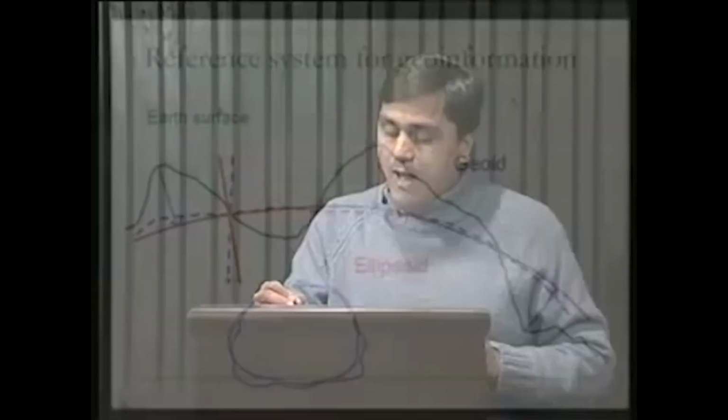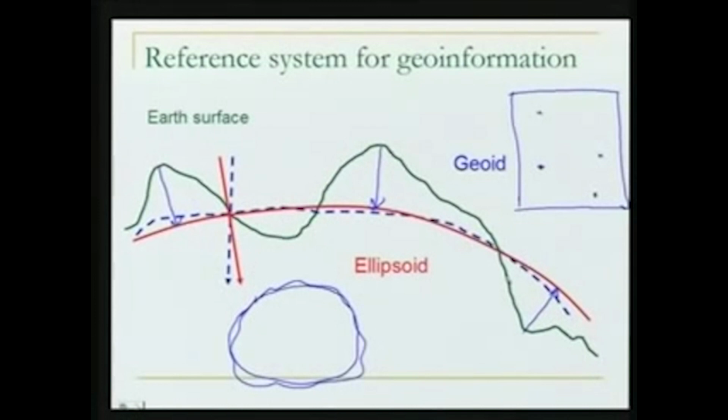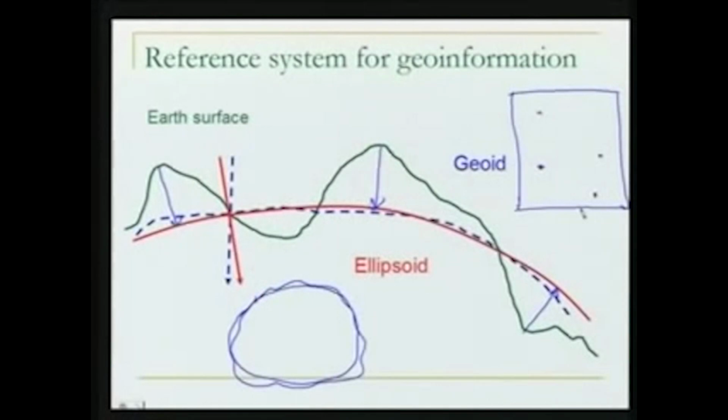Once I have made a map, and in this map some points are plotted there, I know this entire surface of the map mathematically because I know it is part of an ellipsoid, isn't it? So, we need to define this reference. So, we can project our Earth points, Earth features or the geo information on the ellipsoid, and we can plot their x, y as we can see here.